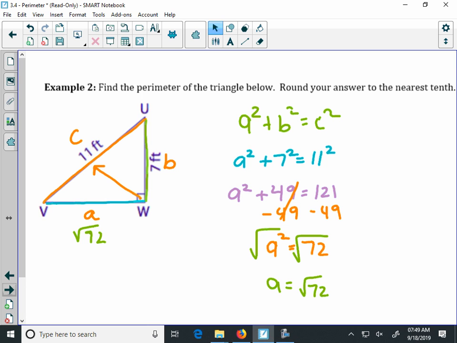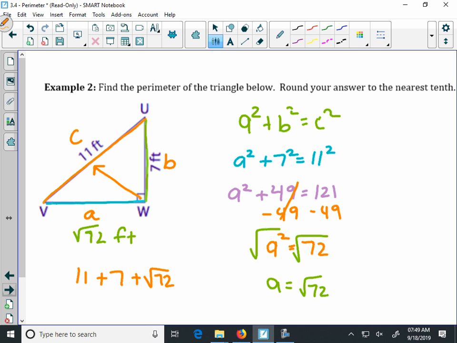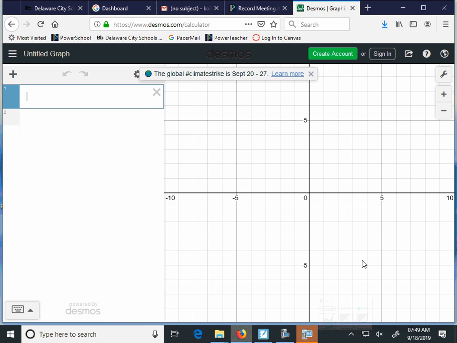So now that we know the length of all our sides, again, we want to find the perimeter, so add them up. So we're going to do 11 plus 7 plus radical 72. So how that's going to look, I'll pull up Desmos or the graphing calculator. You're just literally going to type that into Desmos, like so.